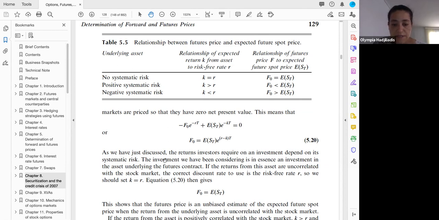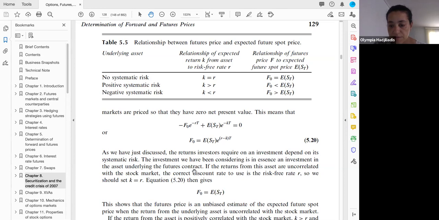As we have discussed, the returns investors require on an investment depend on its systematic risk. The investment we have been considering is in essence an investment in the asset underlying the futures contract.